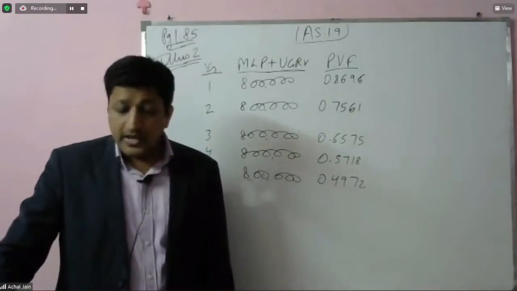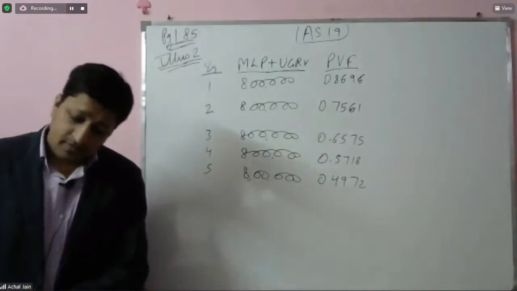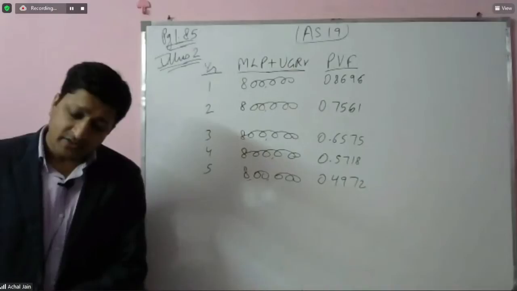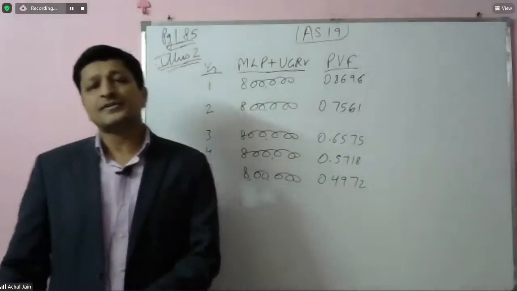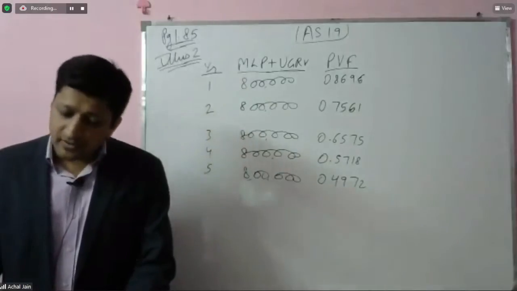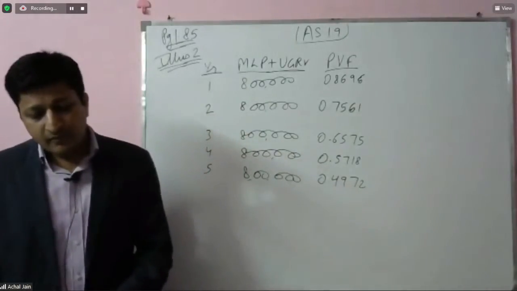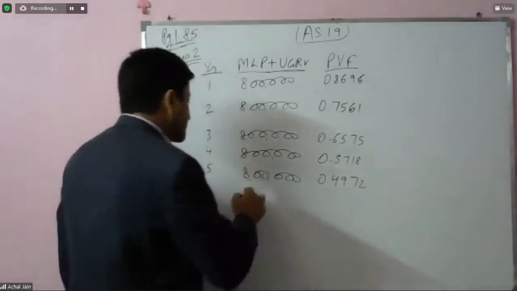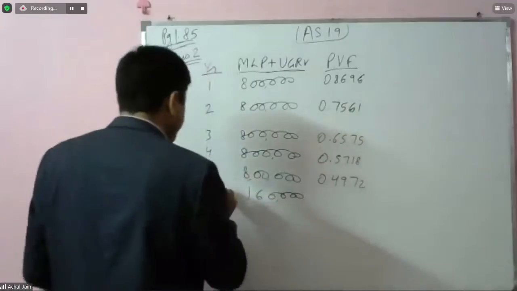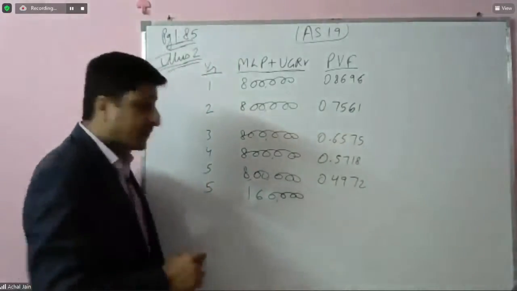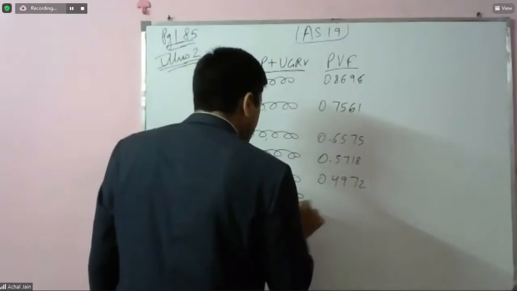Great. Now, because we are given guaranteed residual value and expected residual value means the total residual value. So from the total residual value, if we take out guaranteed, we will also get unguaranteed residual value. So 1,60,000. This will also come in the 5th year. This is guaranteed residual.